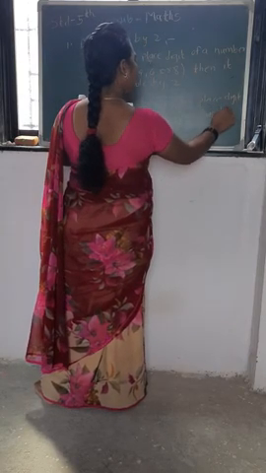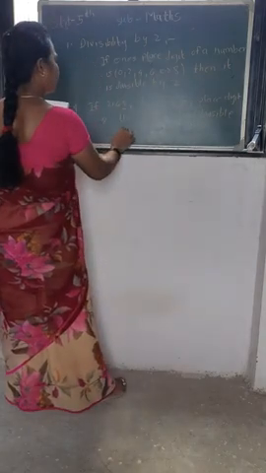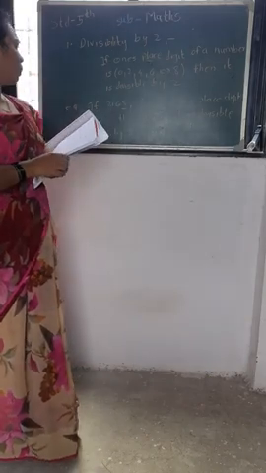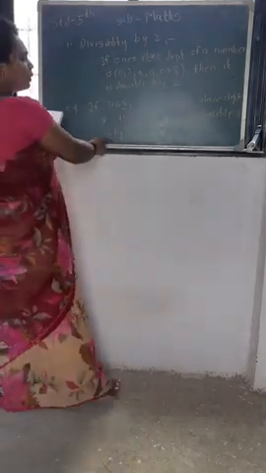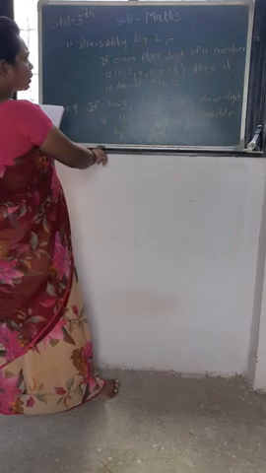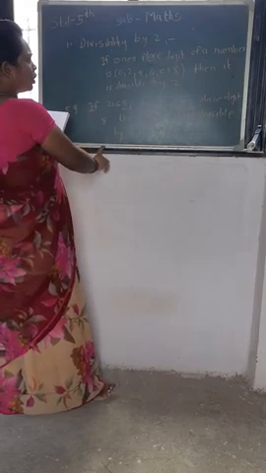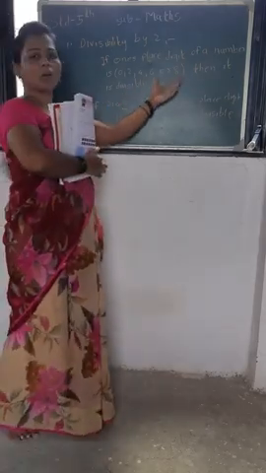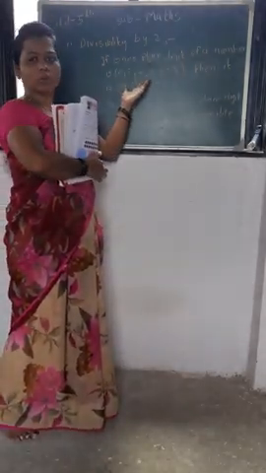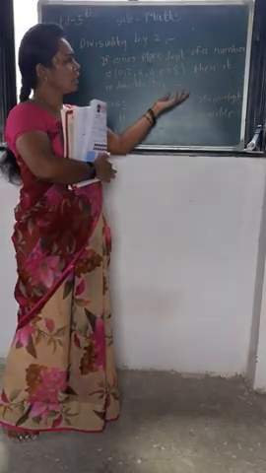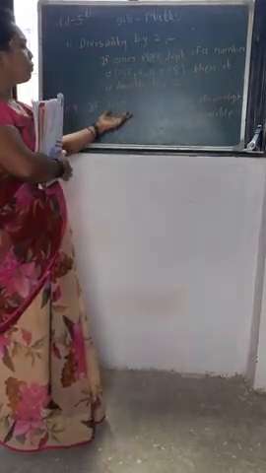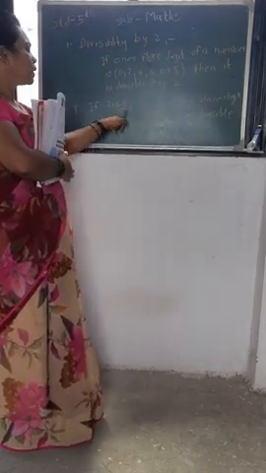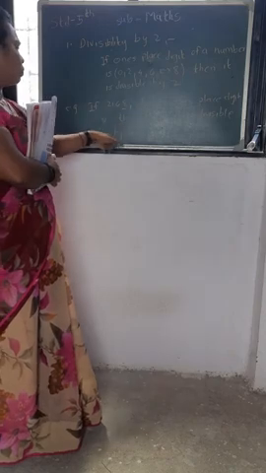We have given an example of the first rule, divisibility by 2. This rule says that if the one's place digit of a number is 0, 2, 4, 6 or 8, then it is divisible by 2.